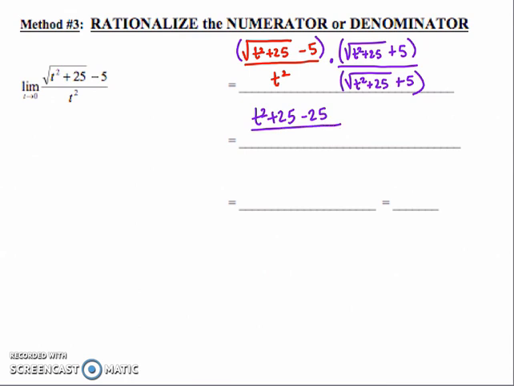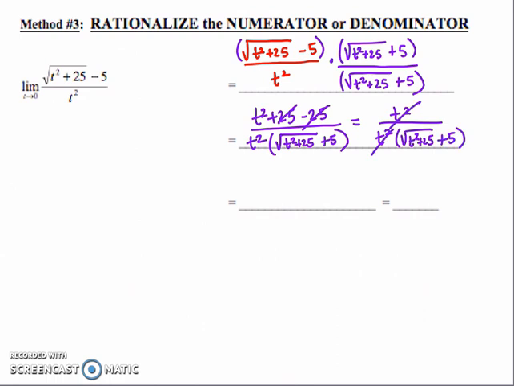And then in the denominator, I'm just going to put the t squared next to the binomial, the square root of t squared plus 25 plus 5, like that. Now upstairs, when I simplify this, the positive 25 and the negative 25 are going to cancel out. So that leaves me with t squared in my numerator over t squared times the square root of t squared plus 25 plus 5.